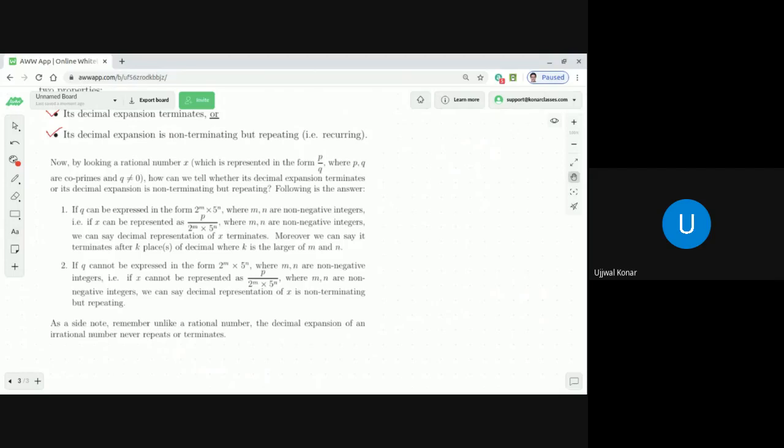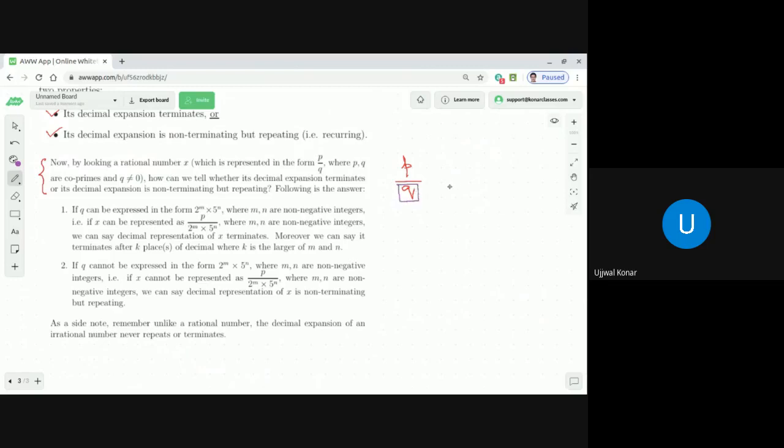Now, dear students, this is an important part of discussion. By looking at a rational number x, which is expressed in the form of p by q, where p and q are co-prime and q is not equal to 0, how can we tell whether the decimal expansion terminates or its decimal expansion is non-terminating but repeating? Following is the answer. From the number p by q, we concentrate on the denominator. Let me use a different color. Let's concentrate on the denominator, q.